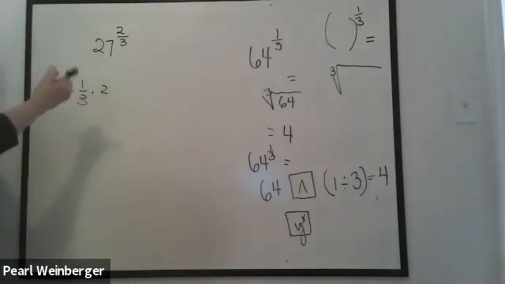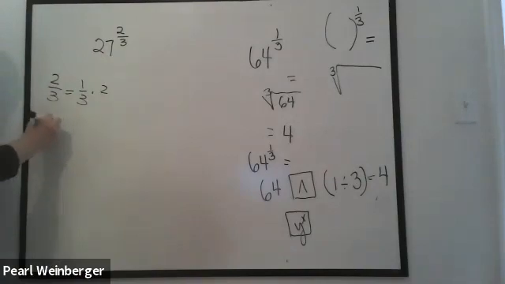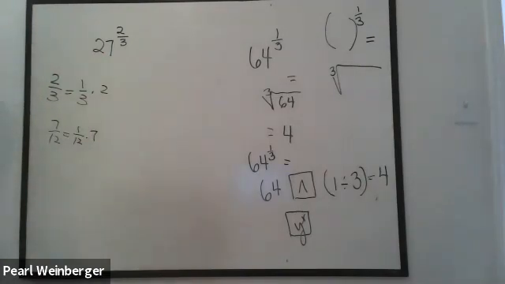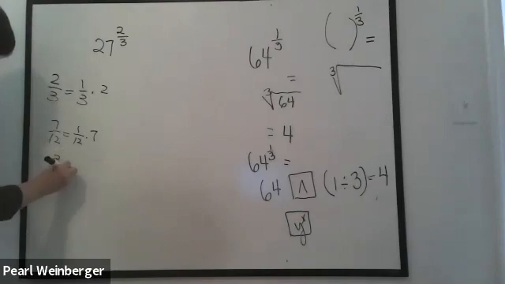Any fraction, 7/12, really means 1 over the denominator, 1 over 12, times the numerator. 3/4 could also be written as 1/4 times 3.